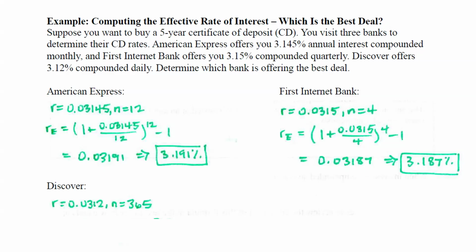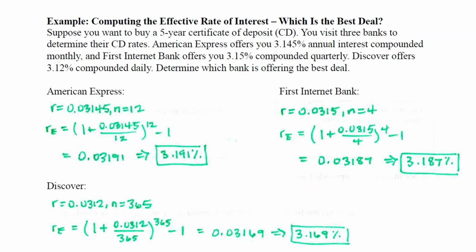And then for Discover, the interest rate is 3.12, and it's compounding daily, so N is 365. Plug that into our formula, and we get a return of 3.169. Okay, so we can see here that the effective rate of interest is the highest for American Express.